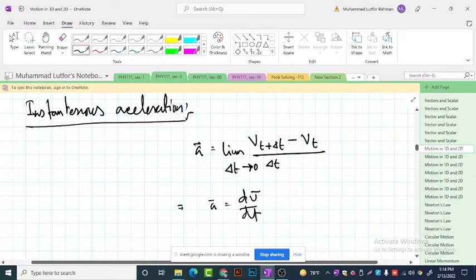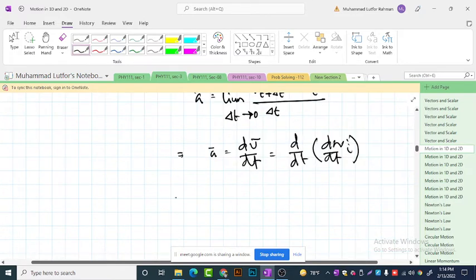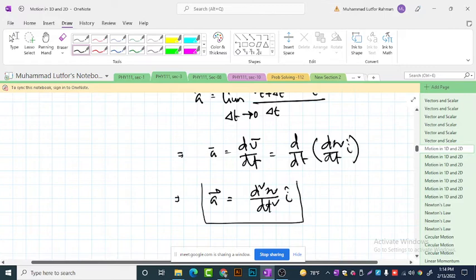That's the definition. But I know that v is defined as dx over dt into i hat, right? That's the definition of the velocity. Then we can write this acceleration as d square x divided by dt square into i hat. That would be the instantaneous acceleration of the particle at any time t.